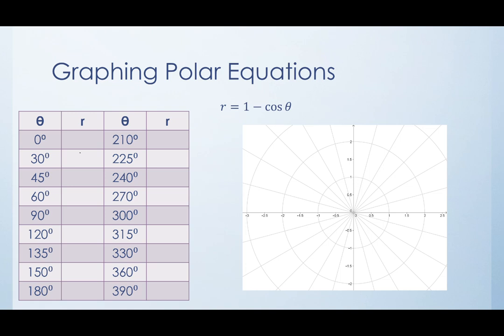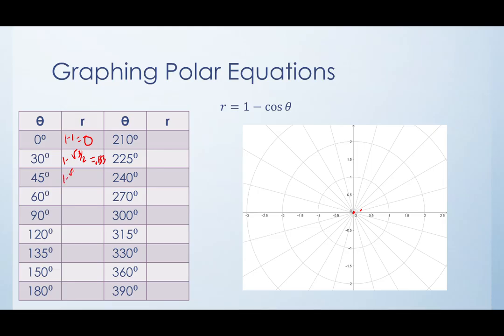So if we say, okay, what's 1 minus cosine of 0, we get 1 minus 1, which is equal to 0, right? If we do 30 degrees, 1 minus cosine of 30 degrees is 1 minus root 3 over 2, which is approximately 0.133. So we're here at the pole, and then we're just a little ways out.